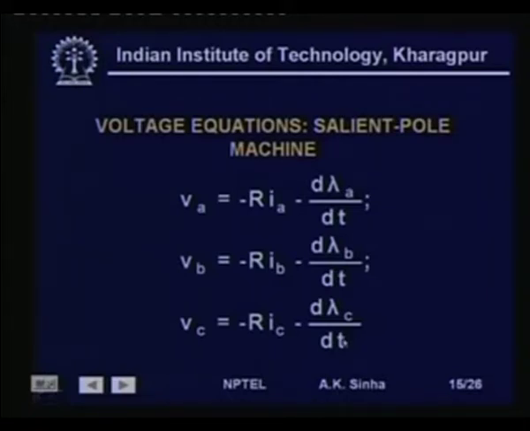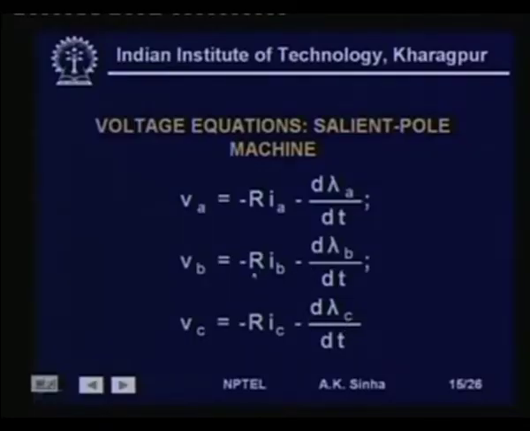So, for the 3-phase coils, we can write these equations. Now, as we see here, we have the terms of the time derivative of lambda A, lambda B and lambda C, and as we have seen, these lambdas are basically related with inductance, which are again time varying quantities.